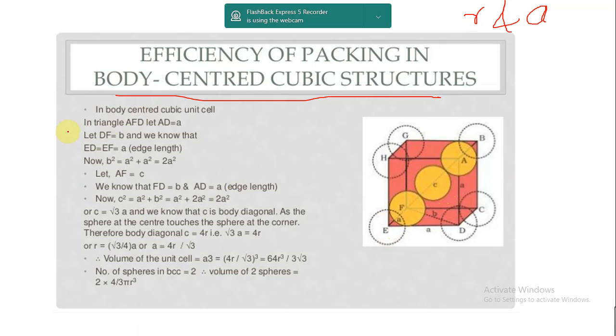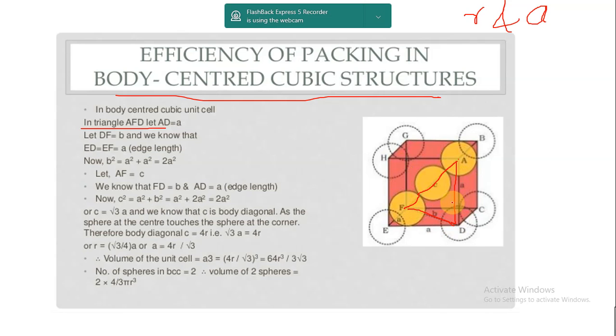You see in triangle AFD, take this triangle. In triangle AFD, suppose the length DF is B, and it is the diagonal of a rectangle, so apply the Pythagoras theorem.